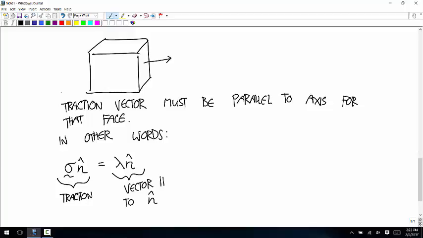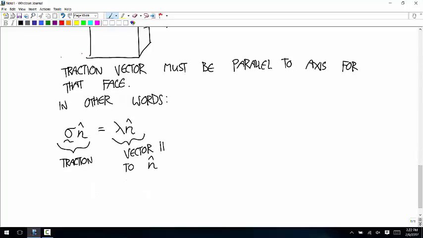And have you ever seen this equation before? I think most of you have not, but you're going to start seeing it pretty often. But this is, yep, this is the definition of an eigenvalue eigenvector problem.